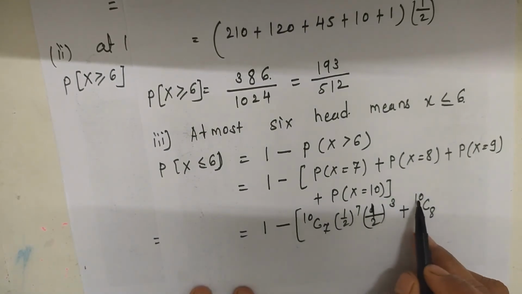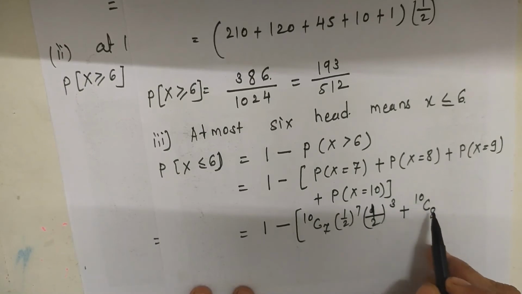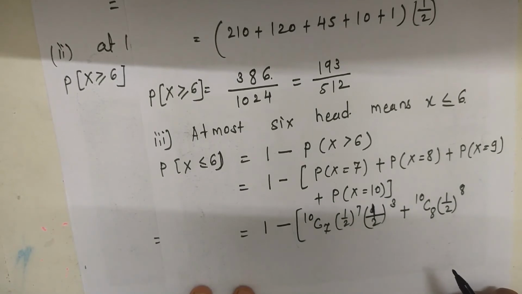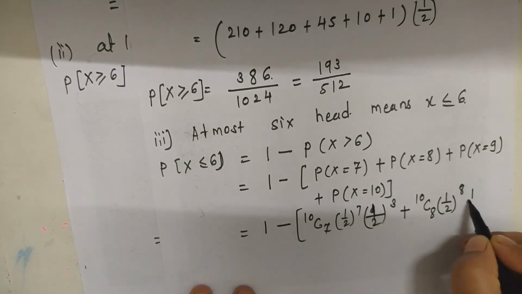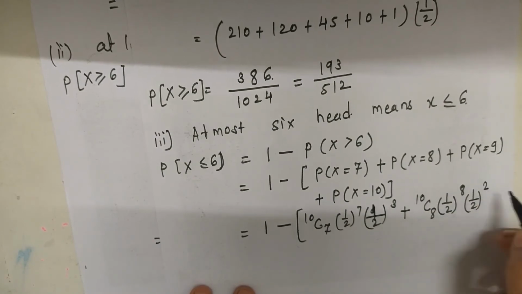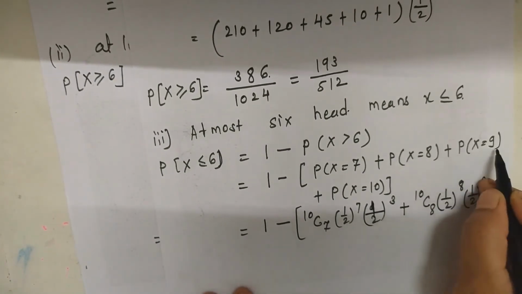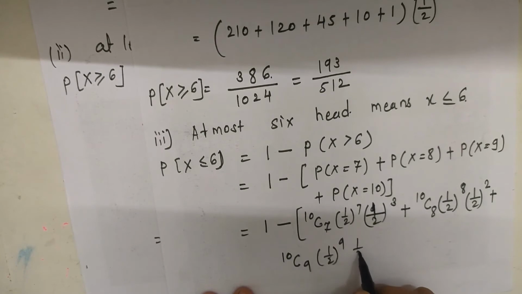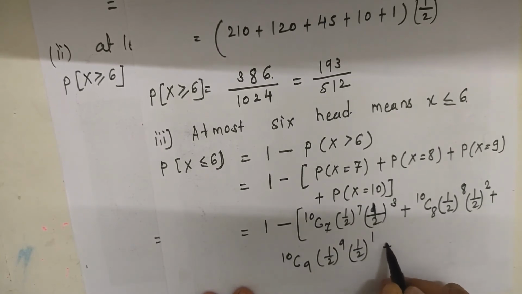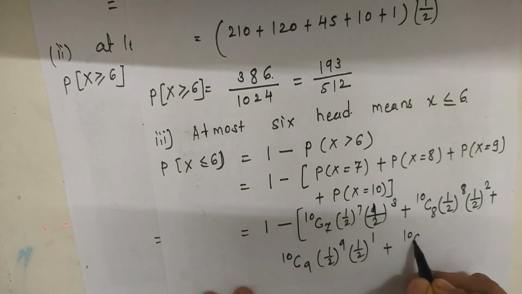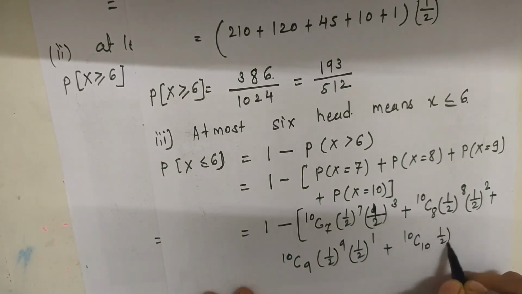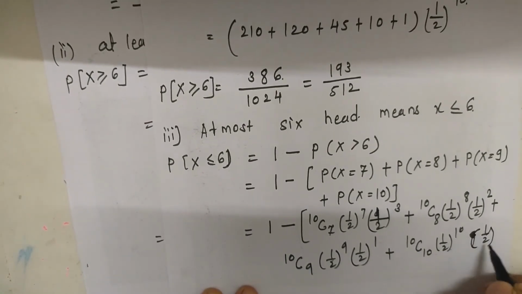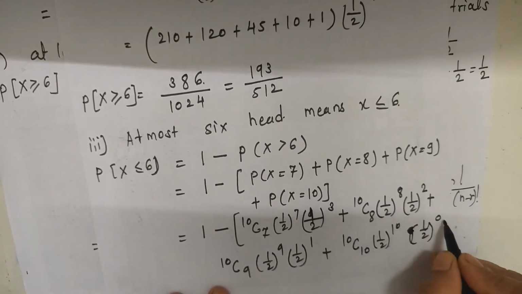So we can write 10c8, p means half raised to 8 and q means half raised to 10 minus 8, that is 2, plus the next probability for x is equal to 9. So 10c9 half raised to 9 and half raised to 10 minus 9, that is 1, plus the last probability for x is equal to 10, 10c10 half raised to 10 and q means half raised to 10 minus 10, that is 0.